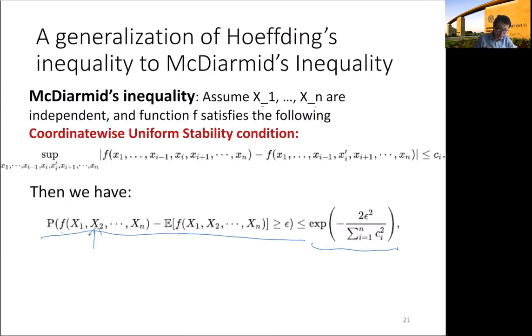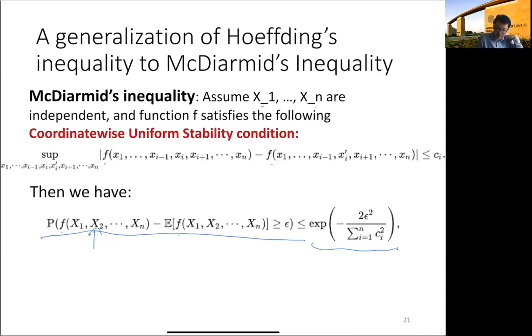Now let's get to the condition for this to be true. What this really requires is some kind of replace-one stability. For any input sequence x1 to xn, if I replace one of them, if I just throw away one of the data points and add another data point at the same location, then the perturbation of f is always bounded by Ci.